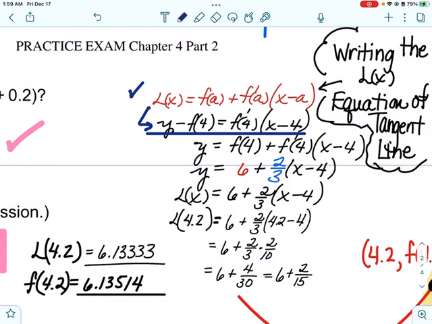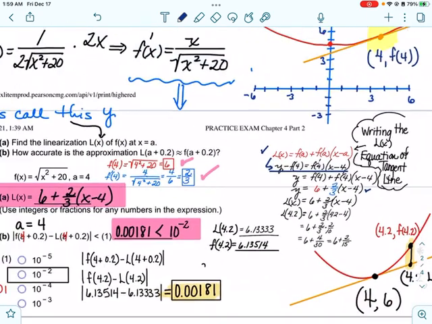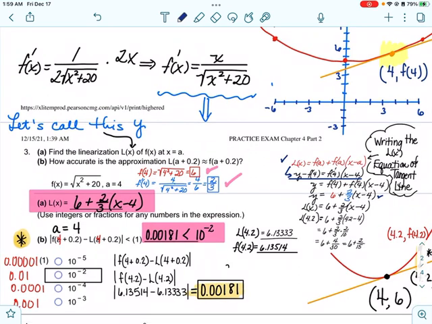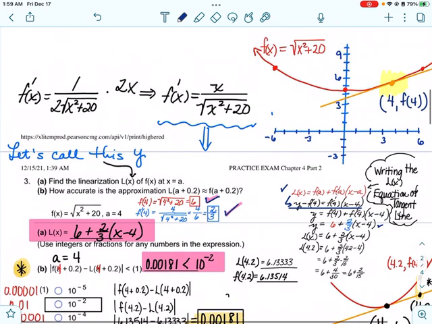And so then I have y is equal to, I'm going to take and transpose the f of 4 to the right-hand side. And then I eventually work it down to where I plug in f of 4 is 6, and f prime of 4 is 2/3. Now, I've got that information over here. I've got them checked in pink here and here. Okay, so I did the derivative up top here. Here's f prime of x.